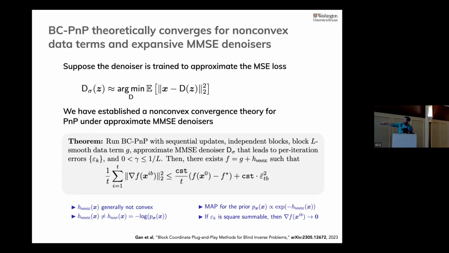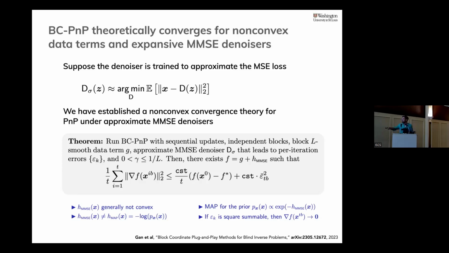Converge meaning that if you look at the sum of gradients, this quantity will be bounded by two things. The first one goes down by T, right? You can see 1 over T here. This is fixed, this is fixed. And the second one has a mean squared sum of all the error terms. What does this mean? If those error terms are square summable, you're going to get exactly the stationary point of that loss. If they're not square summable, you're going to get up to whatever error you're making with respect to the MMSE term.